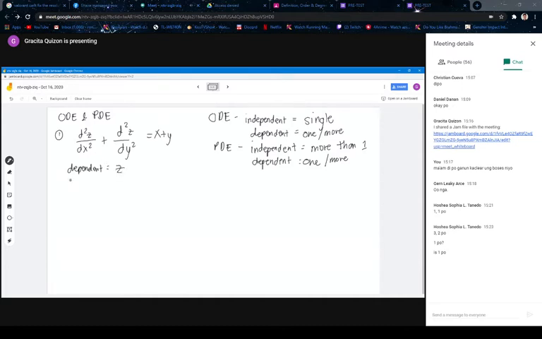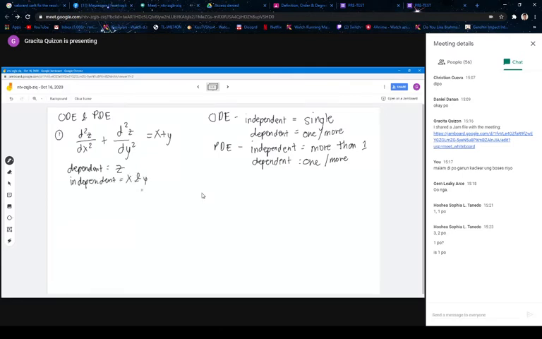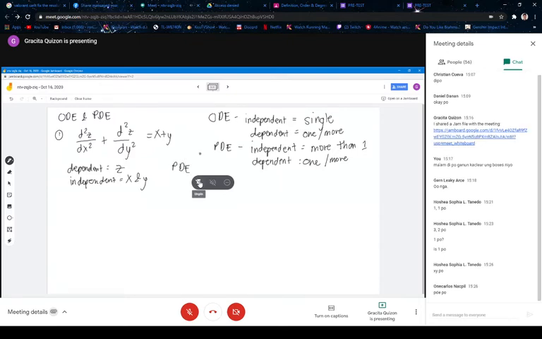Okay, Z. And yung independent, X and Y. So, we can say that number 1 is ODE or PDE? PDE po, because more than 1 yung independent variable.